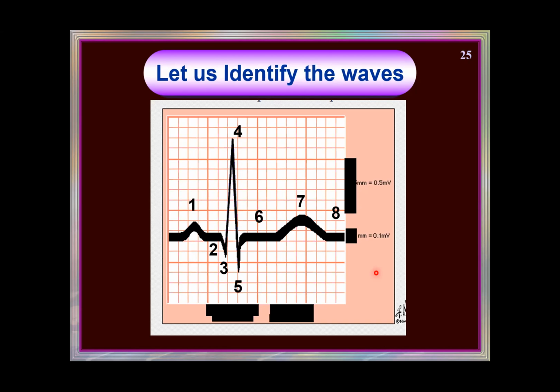What is the big square like? The big square is 0.5 millivolts vertically, and horizontally it is 0.2 seconds. The small square vertically is 0.1 millivolt, and horizontally it is 0.04 seconds. That we understood. I'm identifying the waves now.